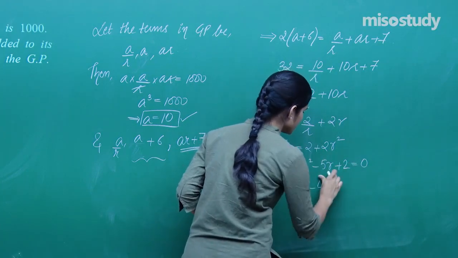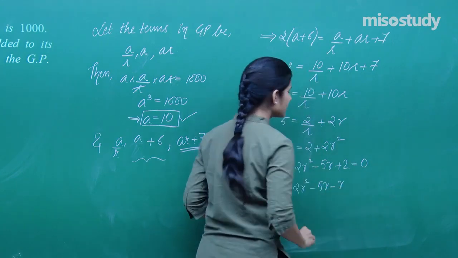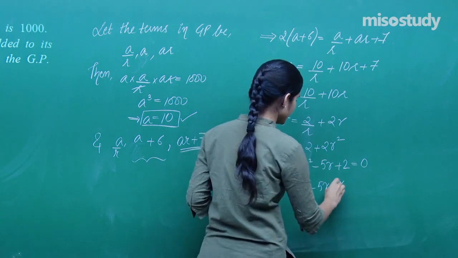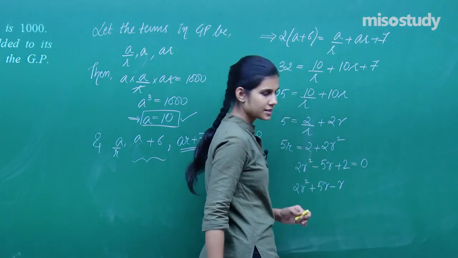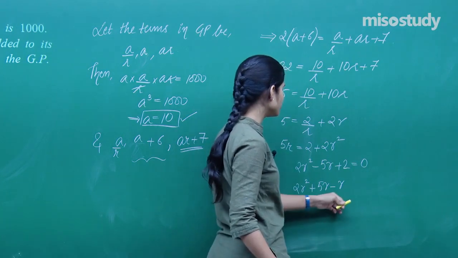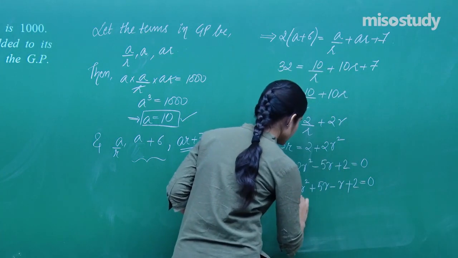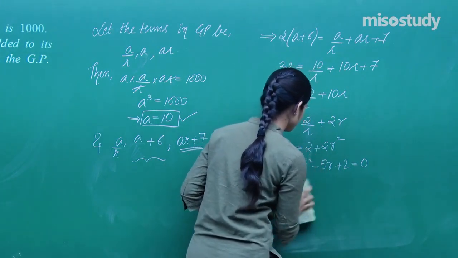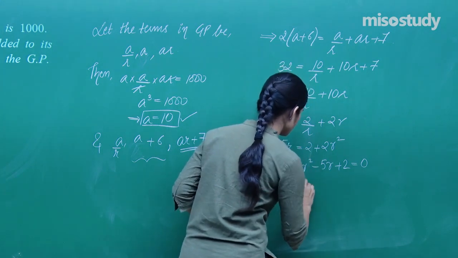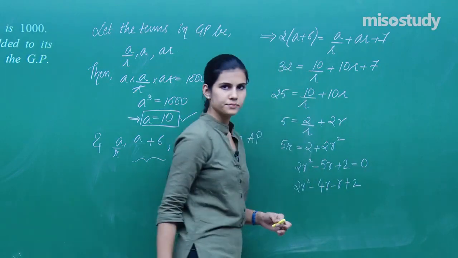2R square minus 5R, or rather than that I should write over here plus 5R minus R, because 5 minus 1 is 4 and 5 into minus 1 is minus 5, plus 2 equals 0. Or rather let me keep it as, because I want 4, so this is 2R square minus 4R minus R plus 2.